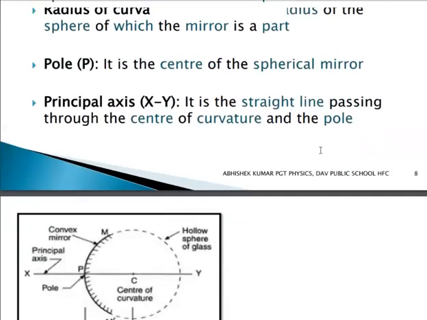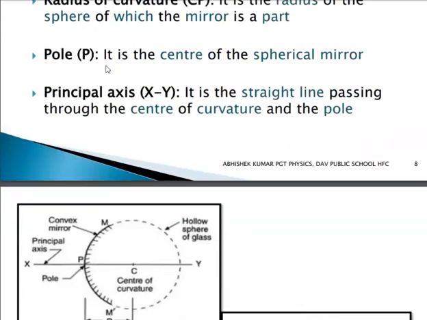Next thing is the pole of the mirror, a spherical mirror. It is the center of the spherical mirror. Remember here, it is not the center of curvature. It is a point on the reflecting surface, just the middle or central point on the reflecting surface itself.